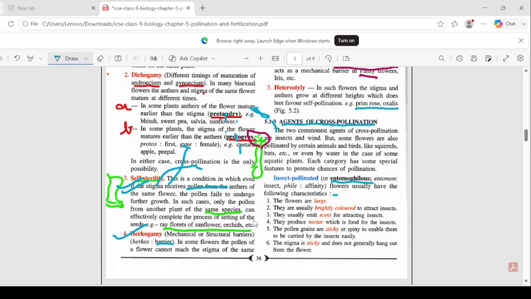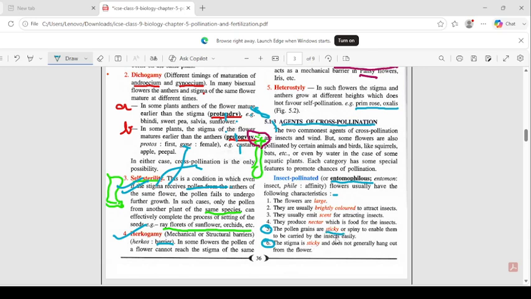But in the exam, sometimes they focus only on certain points. Instead of asking all the characters, they simply ask which type of anther and pollen grains should be there, and which kind of stigma should be there. Here the anther should have pollen grains which are sticky.